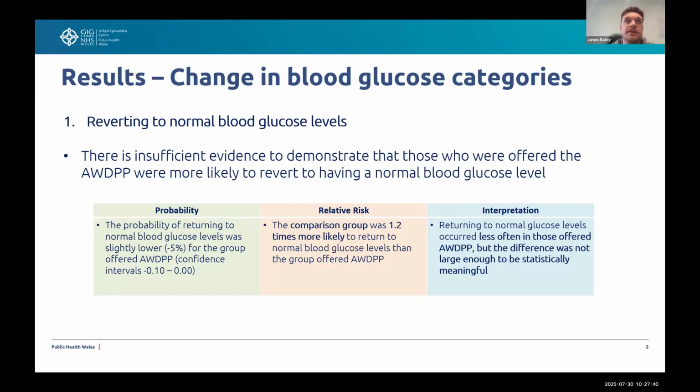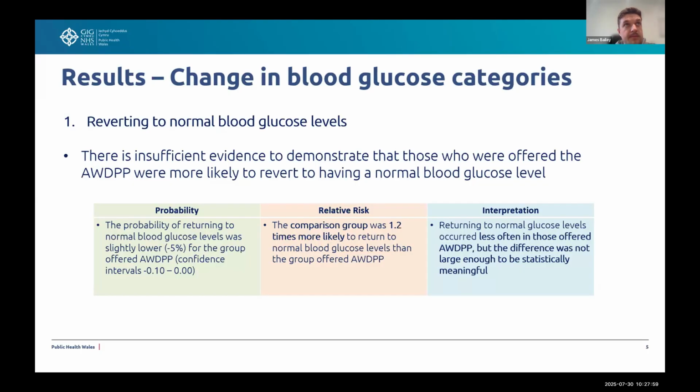Looking at the outcomes, we found no significant difference in either group reverting to normal blood glucose levels. Although there was no significant difference, those in the comparison group were slightly more likely to revert to normal glycemia.